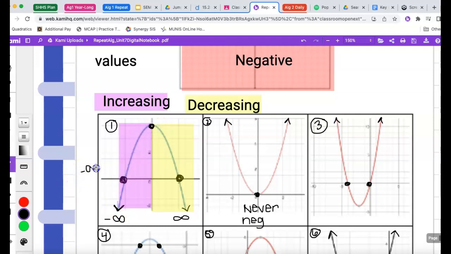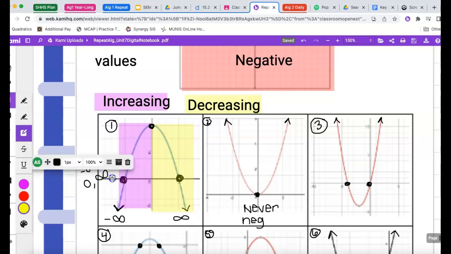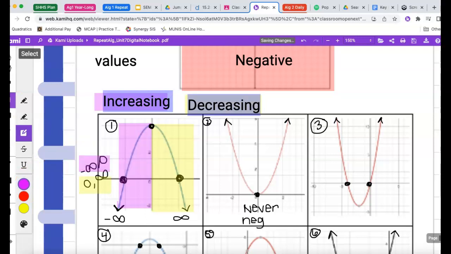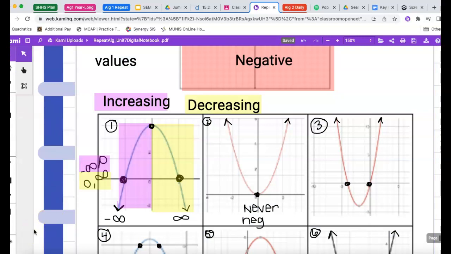So from -infinity to 0 is where it's increasing. And from 0 to positive infinity is where it's decreasing. So we're going to highlight those to label those as well. It's decreasing from 0 to infinity and increasing from -infinity to 0. So go ahead and get those labeled and written down for number 1.